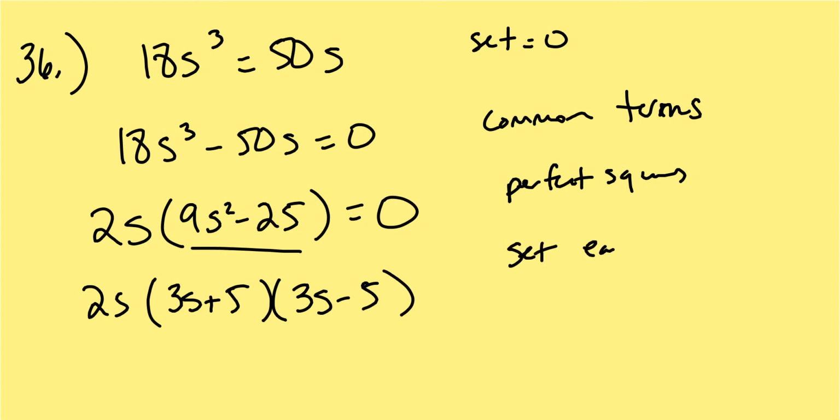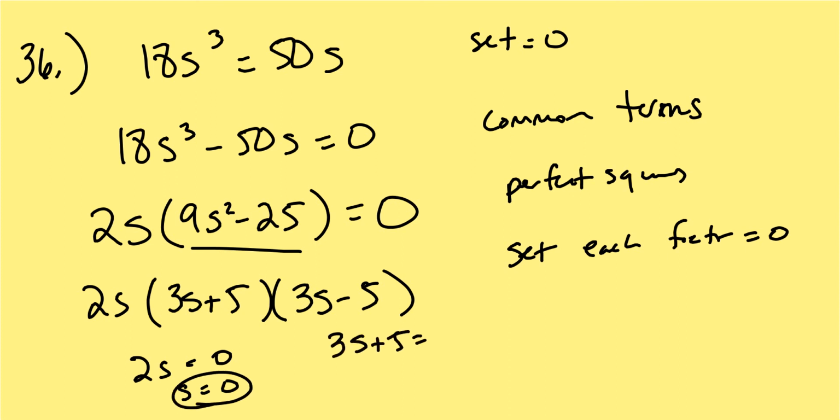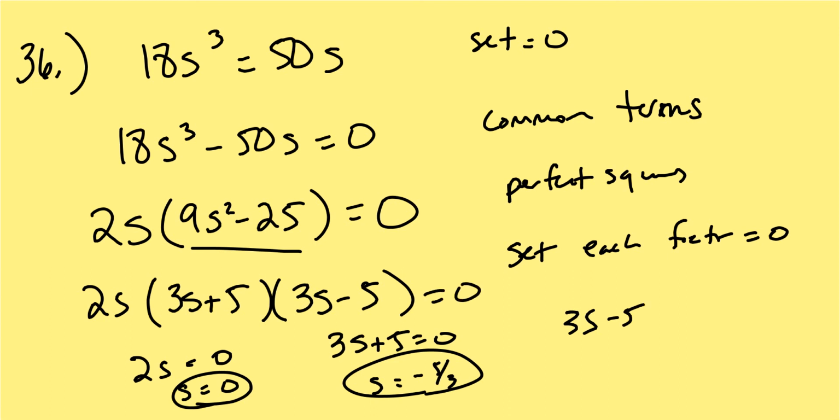So I'm going to set each factor equal to 0 and solve. I say 2s equals 0, so s equals 0 when I divide by 2. 3s plus 5 equals 0. I'm going to subtract 5 and divide by 3. I get negative 5/3. And then 3s minus 5 equals 0. So I add 5 and divide by 3. I get s equals 5/3. And that's it. You have to do the last 4 on your own.